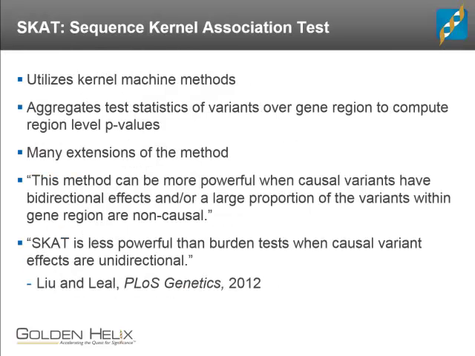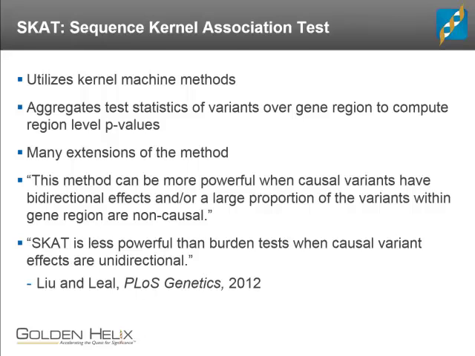So SKAT, what is SKAT? What makes it different? SKAT, I suppose the simplest way to describe it is to say that it calculates a test statistic for each individual variant observed within a gene and then aggregates all of those variants together to compute a gene level or region level p-value.